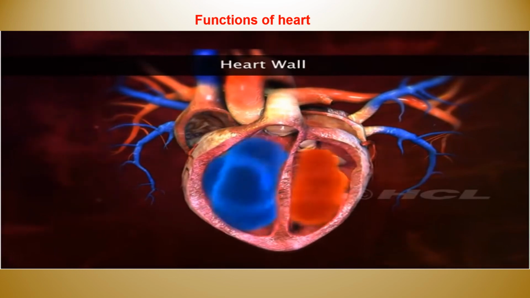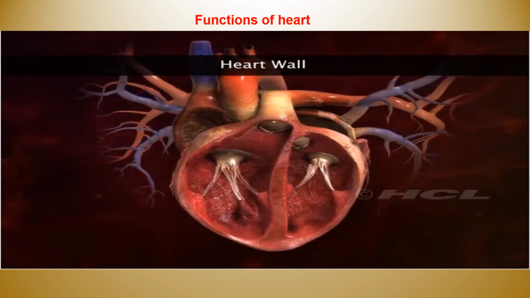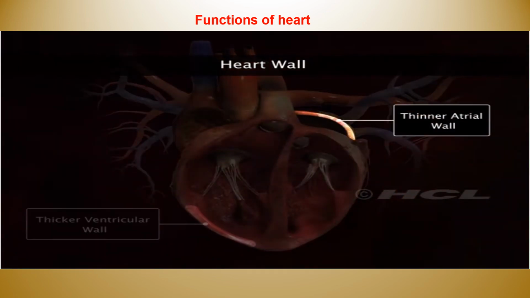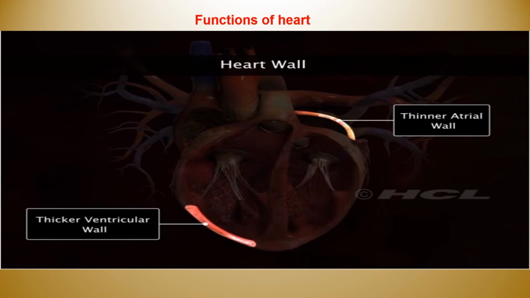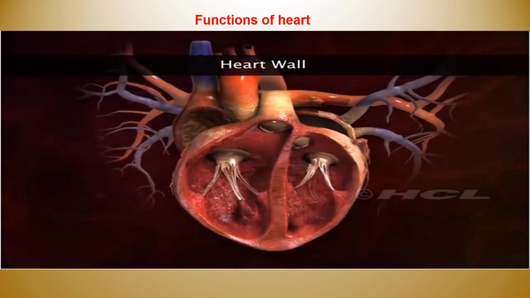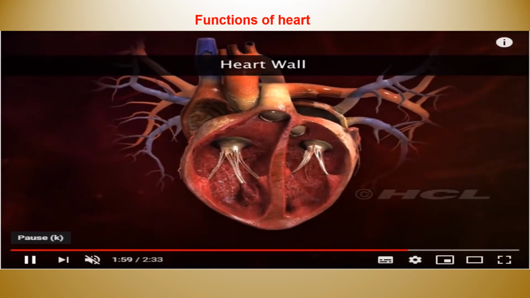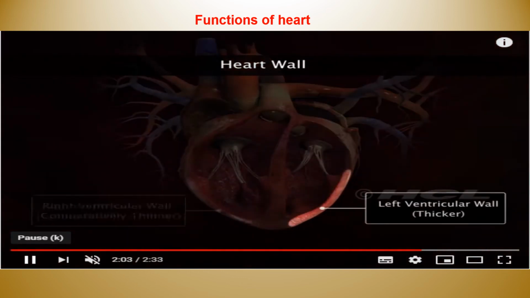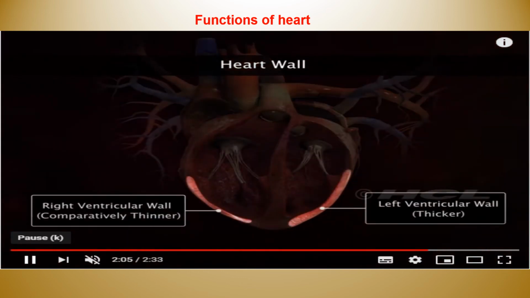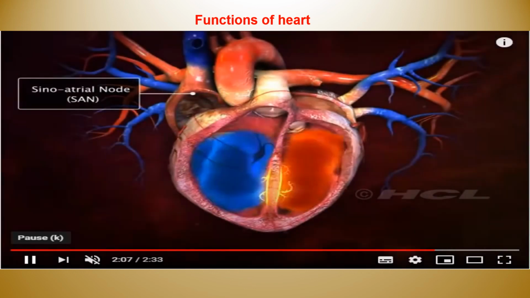The atrial wall is thinner than the ventricular wall. The left ventricular wall is thicker than the right ventricular wall. Why?